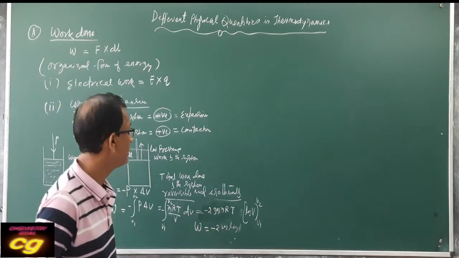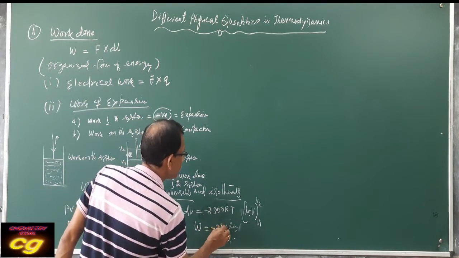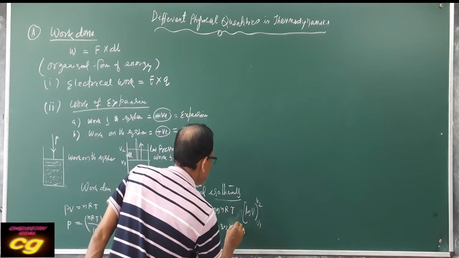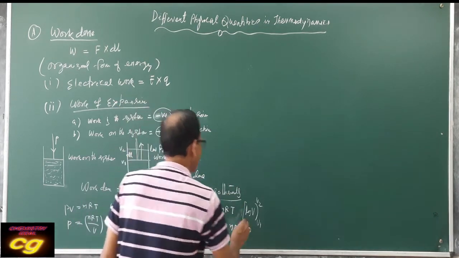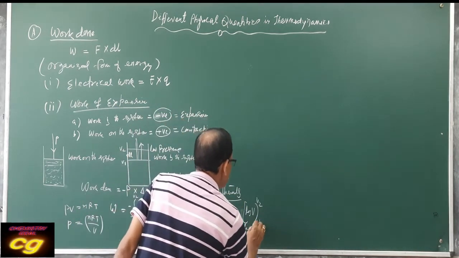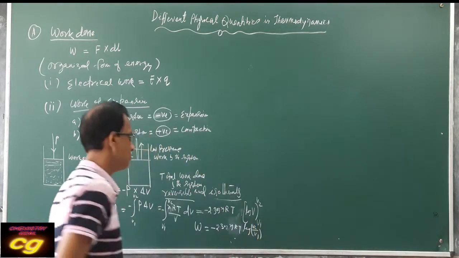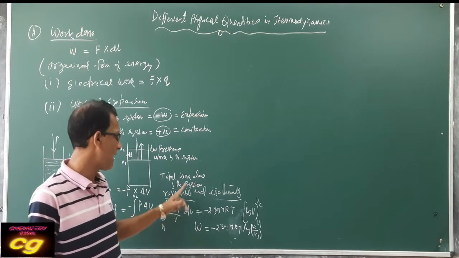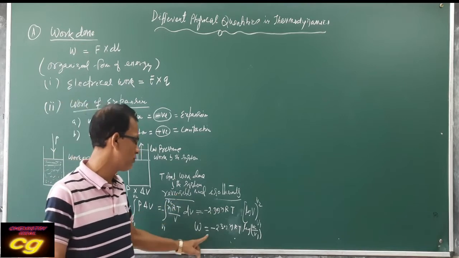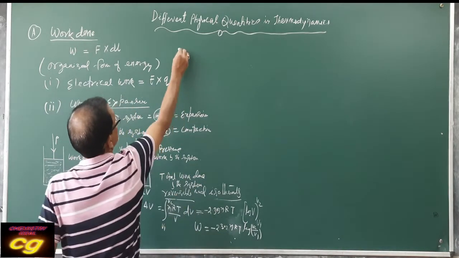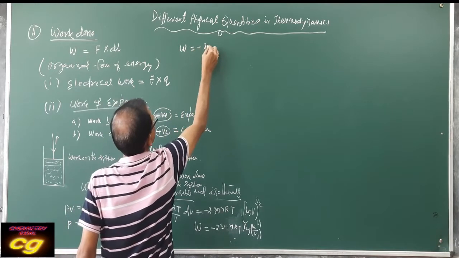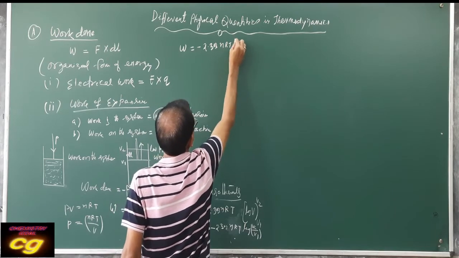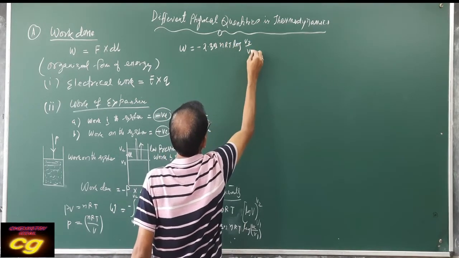So minus 2.303 nRT, then log V2 by V1. So this is the final derivation of work done by the system isothermally and reversibly. So W is equal to minus 2.303 nRT log V2 by V1.